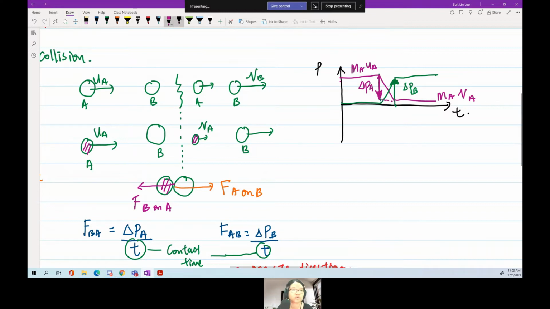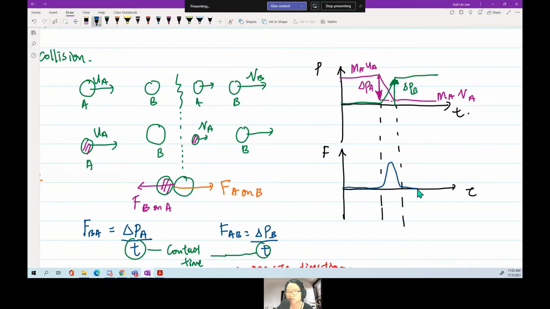Which means if you are also asked to draw the graph of force against time, now extrapolate this line, there will be no force acting on my ball except during collision, where the force is like this. And then another force will be like this. They should be a reflection of each other lah, because equal magnitude ma, opposite direction.